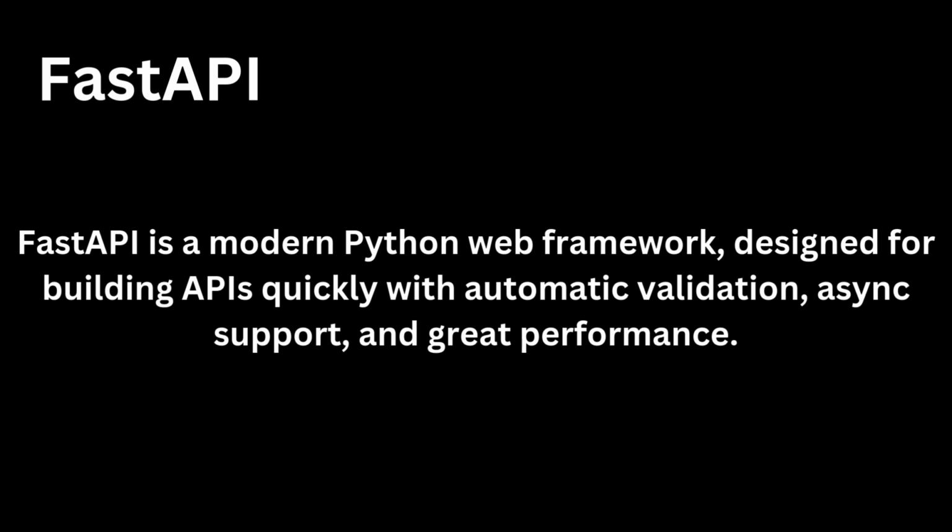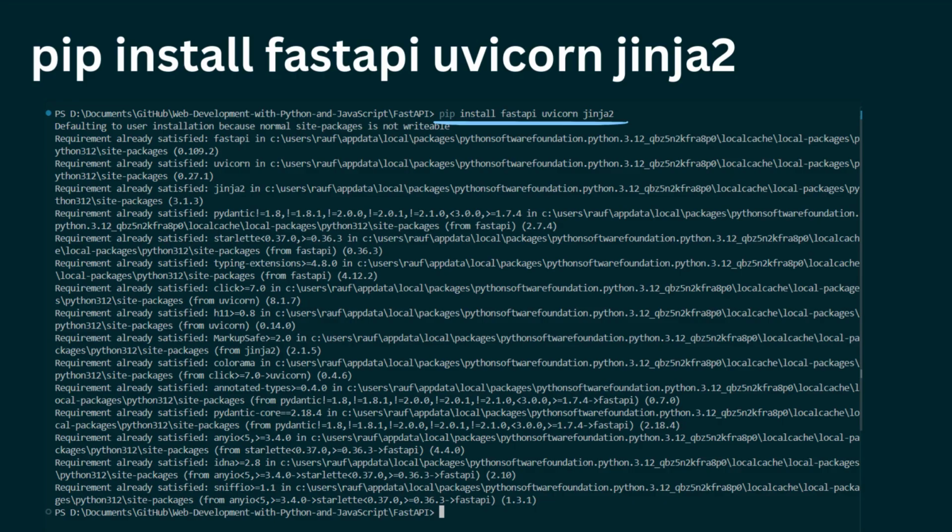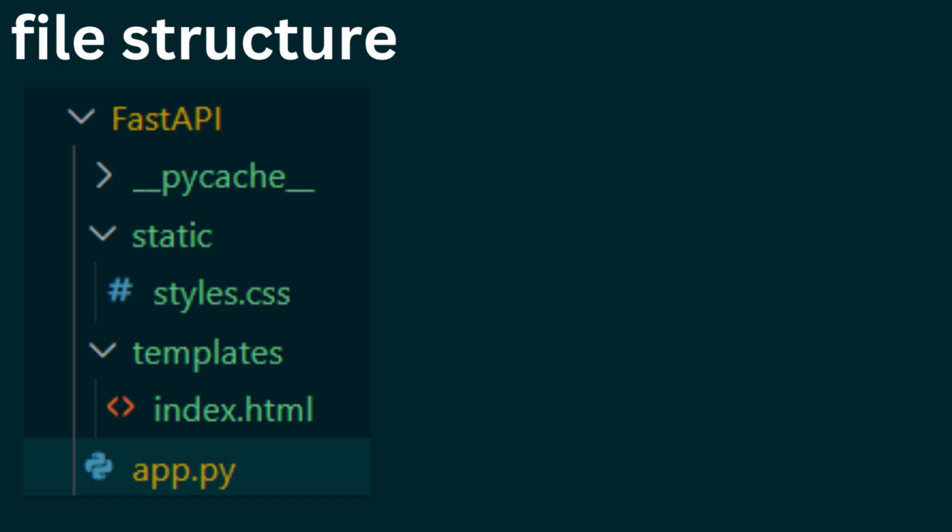But mostly in this video and the next video, I will only show you web development with FastAPI. First, you have to install FastAPI with a command like pip install fastapi uvicorn jinja2. These are also necessary for the FastAPI application. After that, you can see a similar structure to what we saw in Flask.